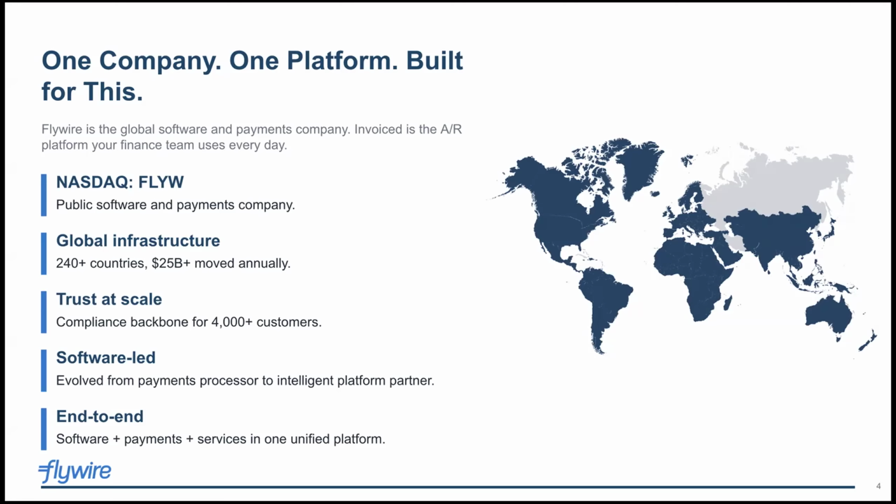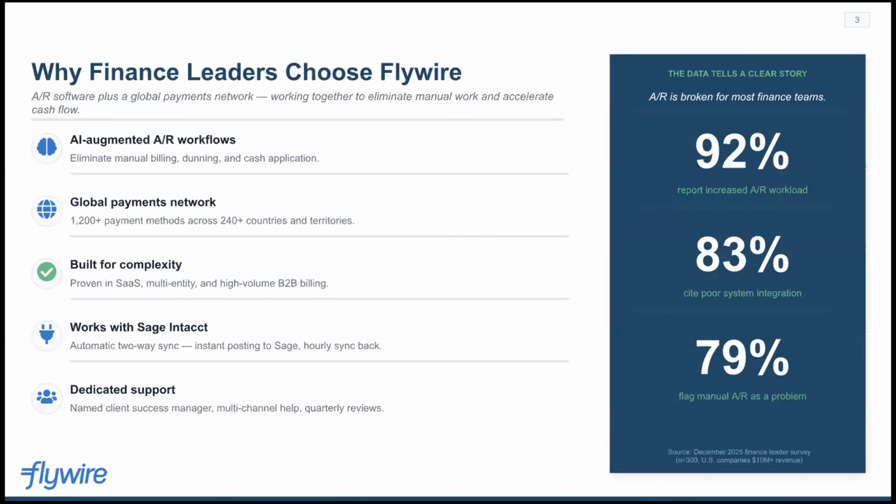With that, the natural question becomes, where exactly are finance teams feeling that pressure? What we're seeing in conversations with our Intacct customers is that we consistently hear that the ERP is doing its job really well. It's everything happening around it that's the challenge. We're talking about the billing workflows, the collections follow-ups, cash application, customer payment experiences.